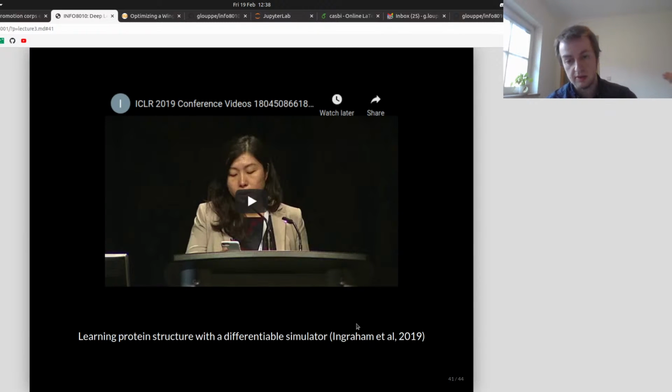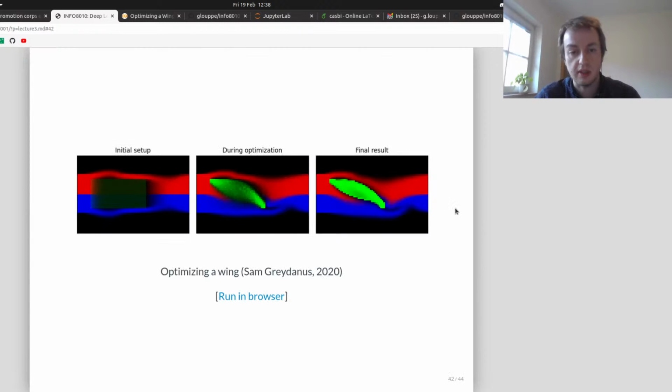And then what they want is to optimize the parameters of these energy functions, the parameters of the neural networks, so that when proteins are folded, as defined by the simulator, they would correspond to a fold which has already been computed using other methods. So this is really nice, and this is more or less like this wing application, except that now you combine both physically motivated simulation with a part which is learnable, which is a neural network.